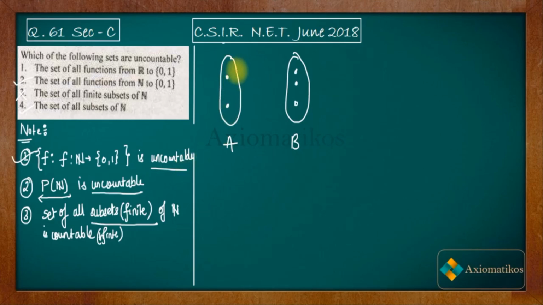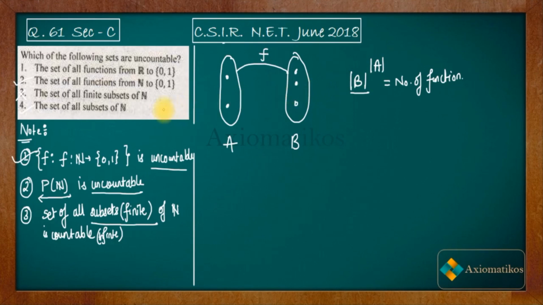If you want to calculate the total number of functions from here to here, in case of finite sets, the total number of functions is the number of elements inside B to the power of the number of elements inside A. So this is the number of functions from A to B: the cardinality of B to the power of the cardinality of A.